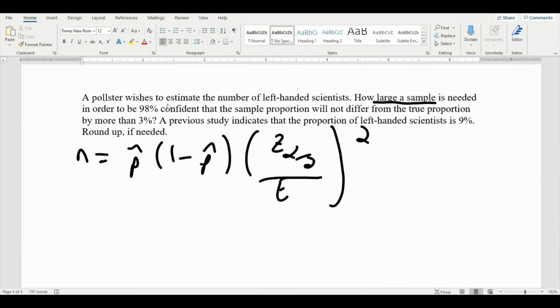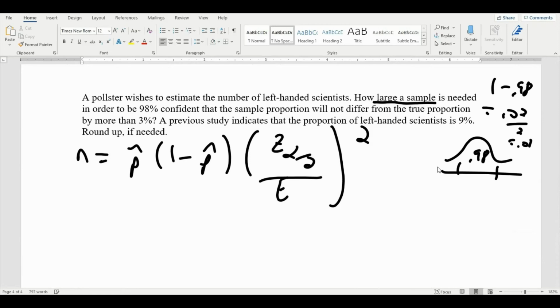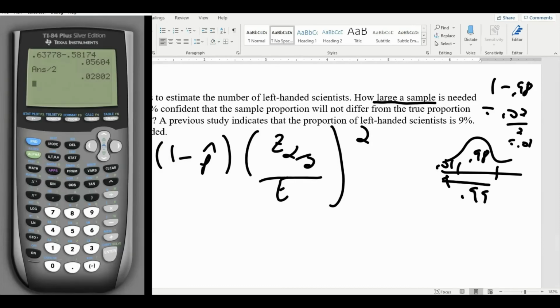To be 98% confident, we're going to use that to find z alpha over 2. Let's go ahead and do that. That's 0.98. If you do 1 minus 0.98, you get 0.02. Divide that by 2, you get 0.01. So that's 0.01. Grand total 0.99. So I'll go to my calculator. Let's go to StatCrunch this time.